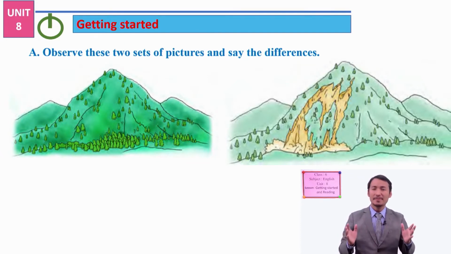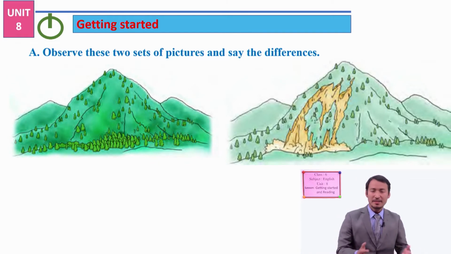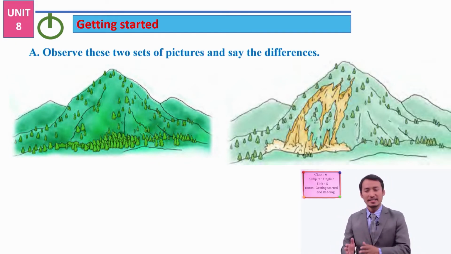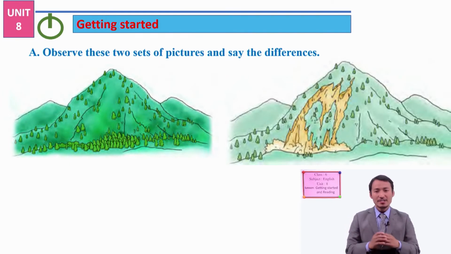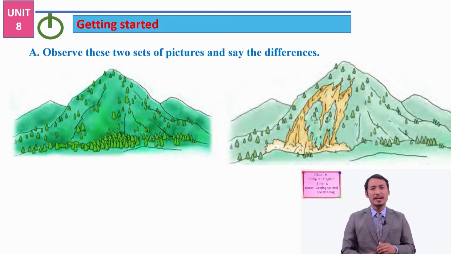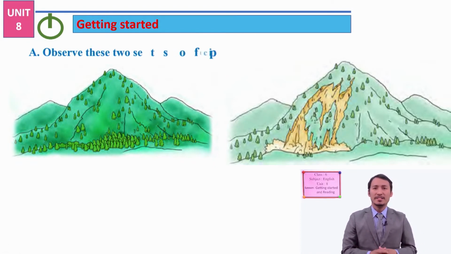There are two pictures. In the first picture, you can see more greenery, and in the second picture, it is less green, it is more kind of gray, right? You can see a lot of trees in the previous picture, and less trees in the second picture.